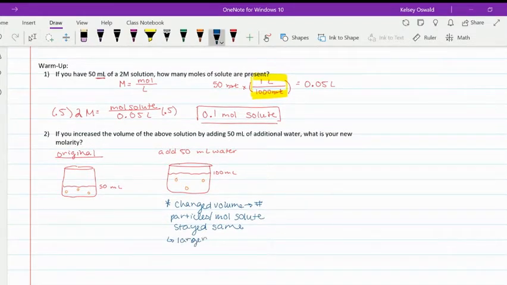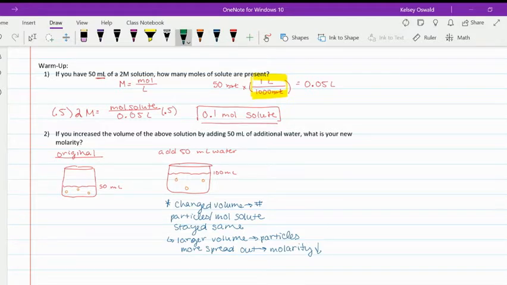And if those particles are more spread out, that means our concentration went down. Those particles are not as tightly packed. So the moles of solute are staying the same. How many particles we have did not change. The only thing that changed was how many milliliters of water we have that allowed those particles to spread out more.